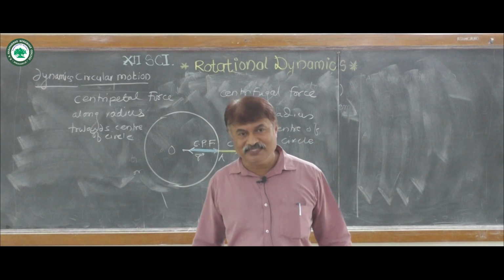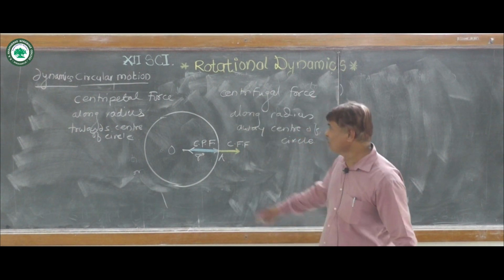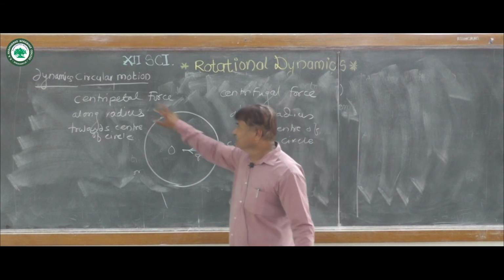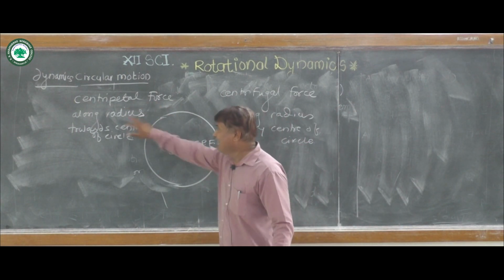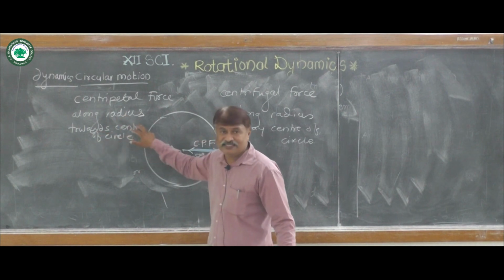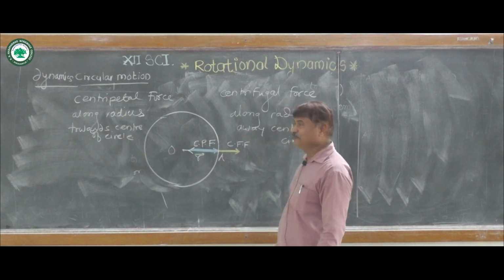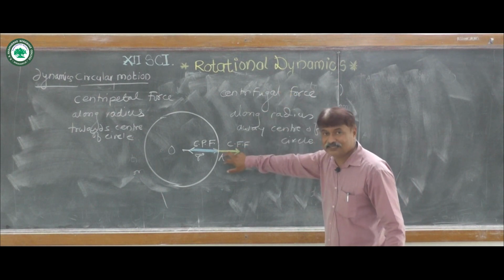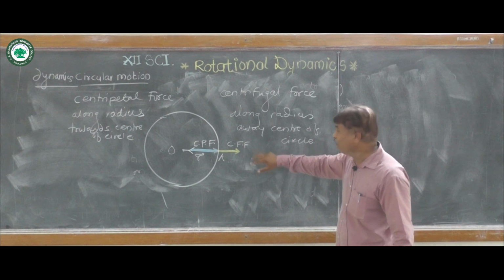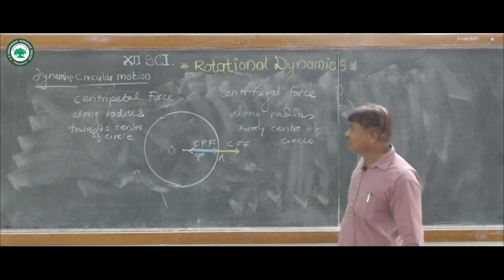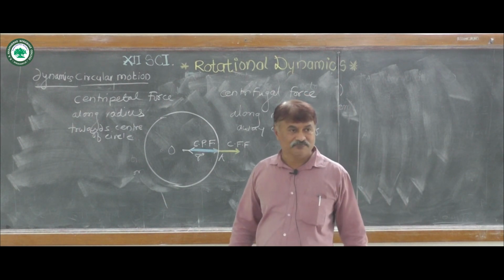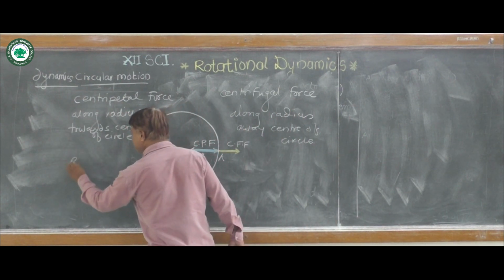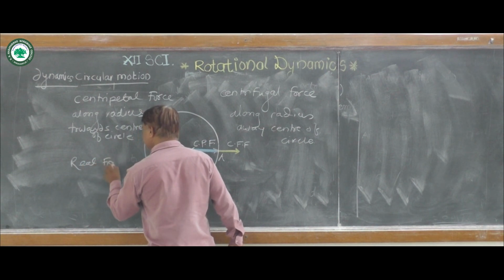With the help of this diagram, we can explain the definitions of centripetal force and centrifugal force. What is centripetal force? The force acting on a particle along the radius directed toward the center of the circle is called centripetal force. And what is centrifugal force? The force acting on a particle along the radius away from the center of the circle is called centrifugal force. Now, centripetal force is a real force.